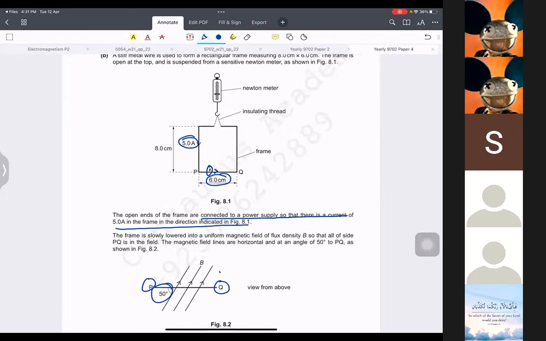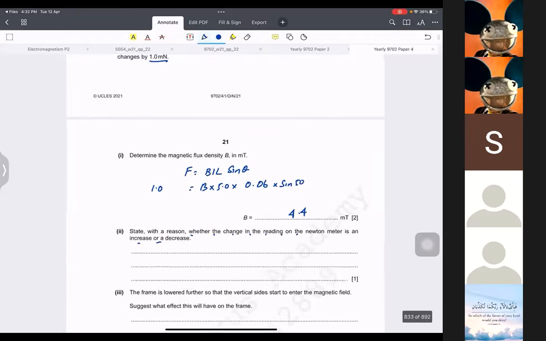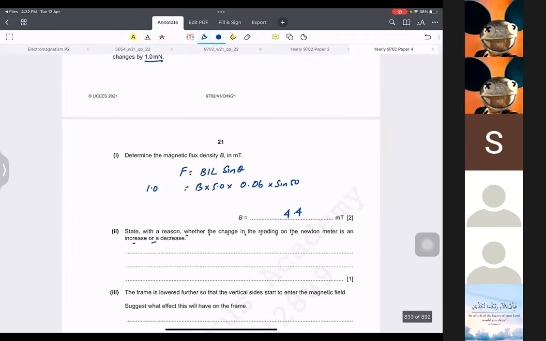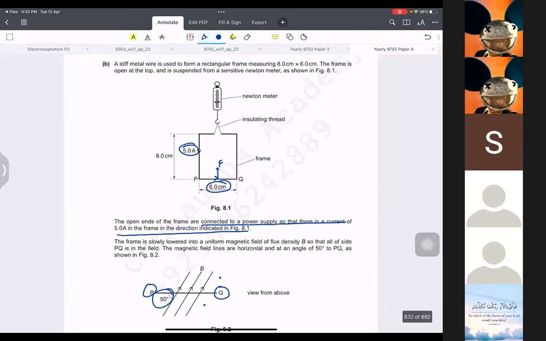Okay, sorry, force is not out of the page. Magnetic field is into the page, current is towards the right, force is upwards. So then what is the effect on the Newton meter reading? Where is the Newton meter? If the force is upward, the reading will be lower then, right?